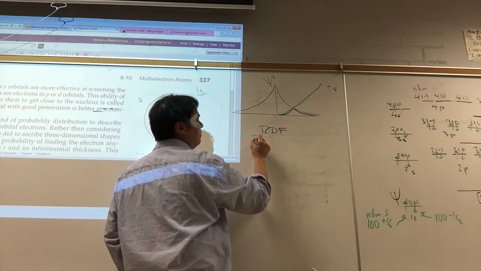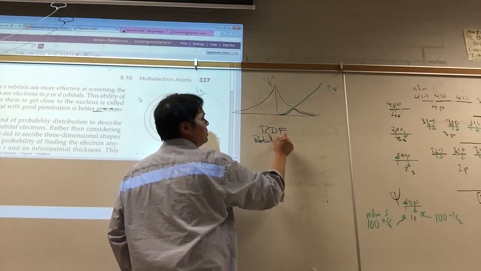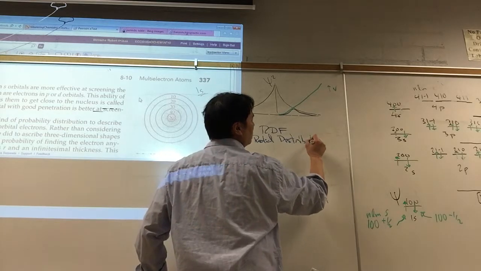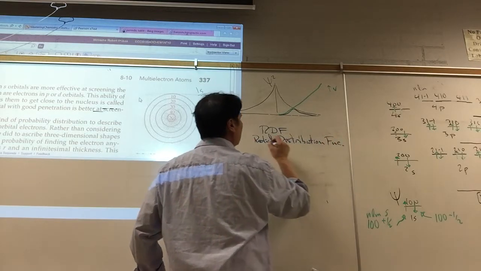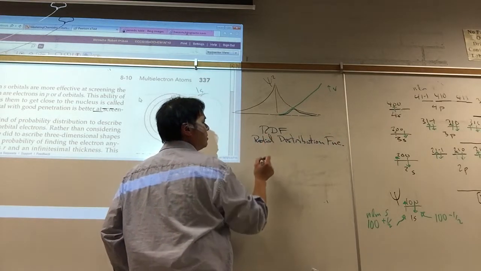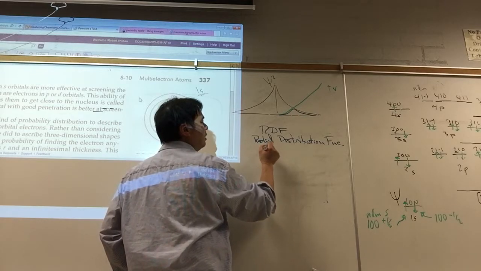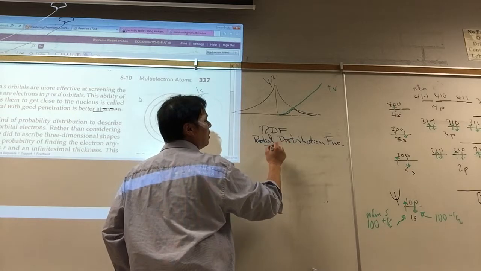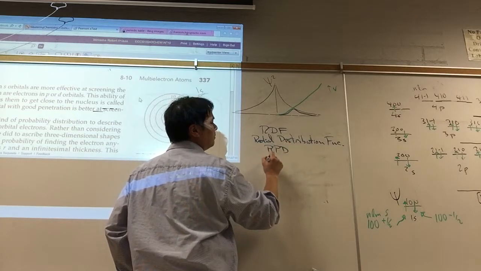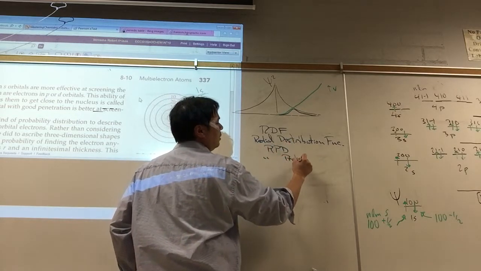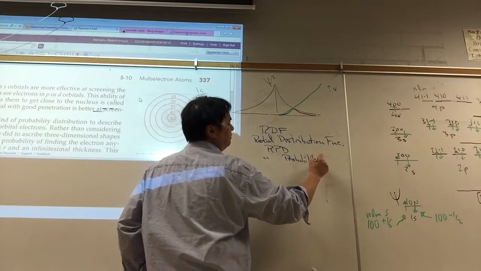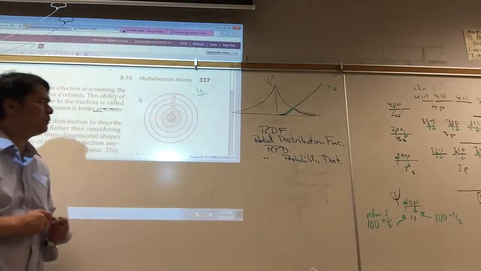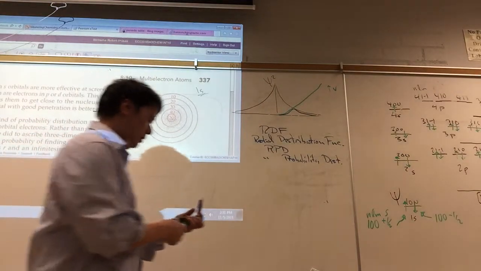This is a radial distribution function, or it's also called a radial probability distribution, RPD. I think most people call it an RDF.